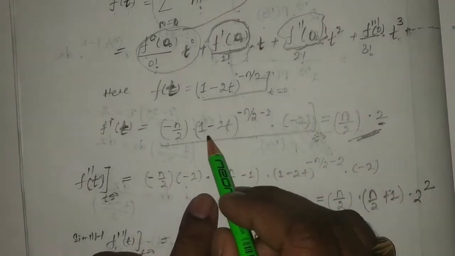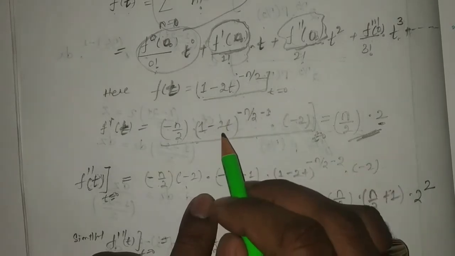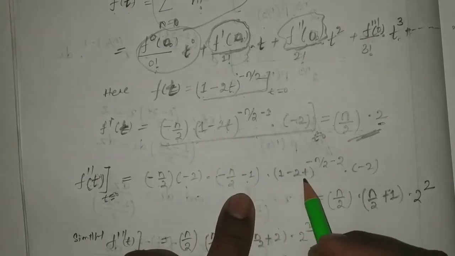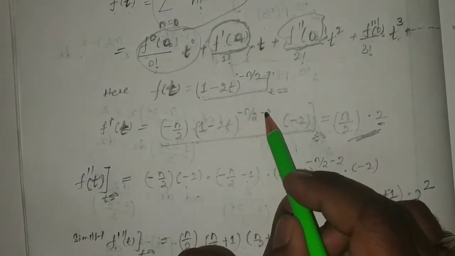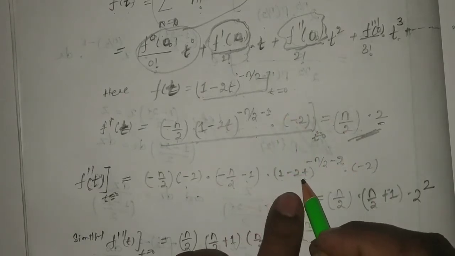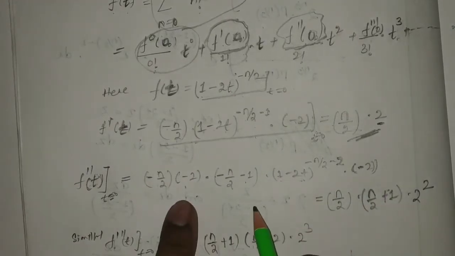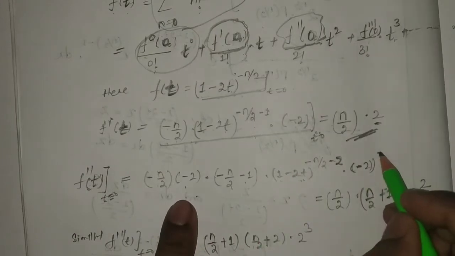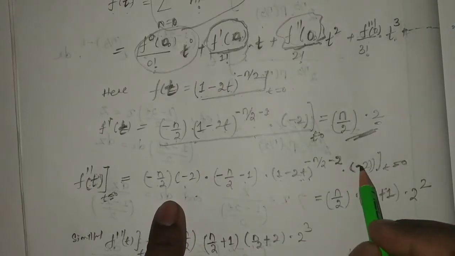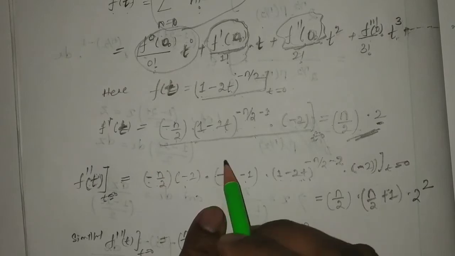Now we differentiate (1 minus 2t) to the power minus n by 2 minus 1 with respect to t: minus n by 2 minus 1, (1 minus 2t) to the power minus n by 2 minus 2, and the differentiation of 1 minus 2t is minus 2, right? Then we put t equal to 0, so this term will be 1. Here you can see minus, minus, minus, and the fourth minus, so it is positive.